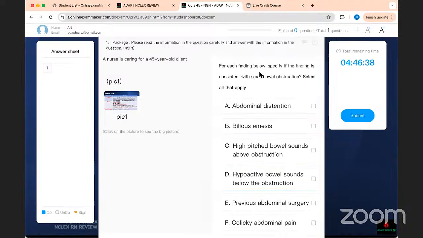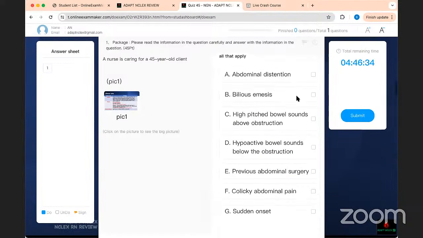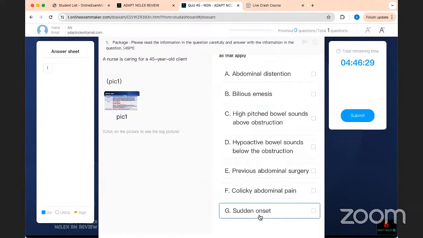For each finding below, specify if the finding is consistent with the small bowel. Now I want to show you, this is like a lecture. What are the features of a small bowel obstruction? Abdominal distension, bilious emesis, high-pitched bowel sounds above the obstruction, hypoactive bowel sounds below the obstruction, previous abdominal surgery, colicky abdominal pain, and sudden onset.